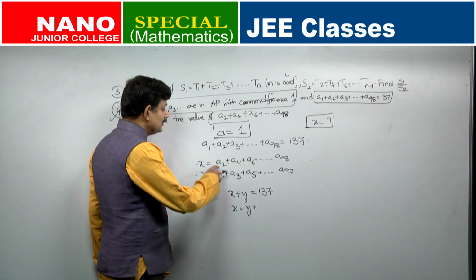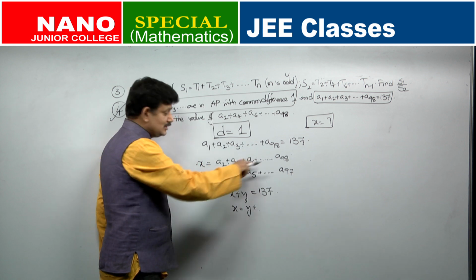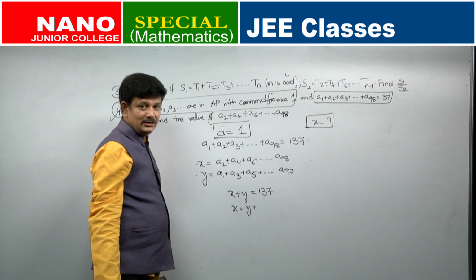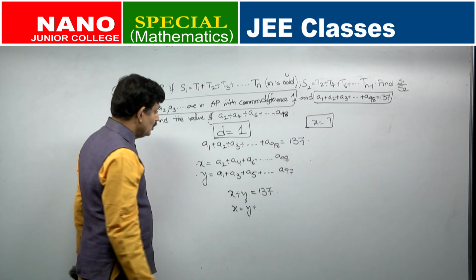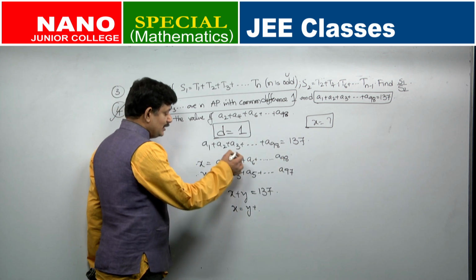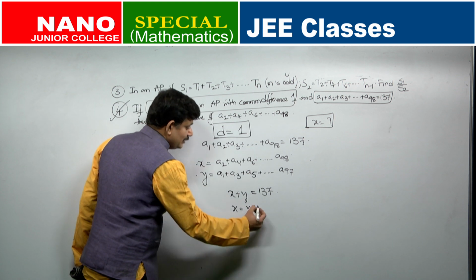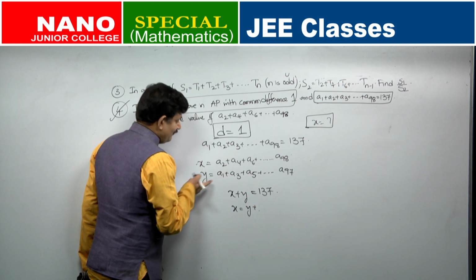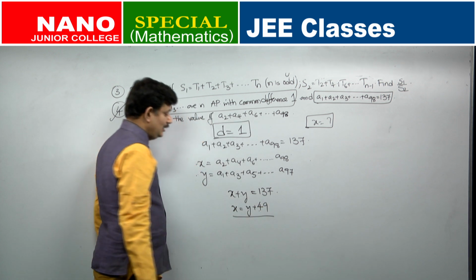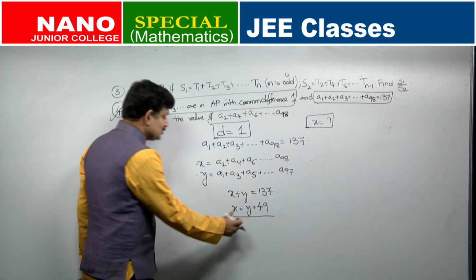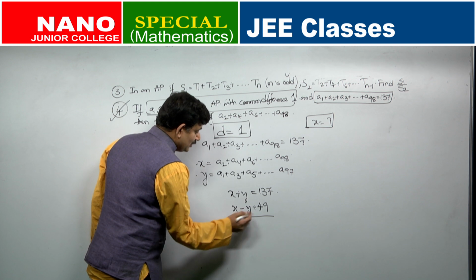So, 49 terms are here, 98 divided by 2. Every term is 1 more than the corresponding term, so x will be y plus 49, or x minus y will be 49.